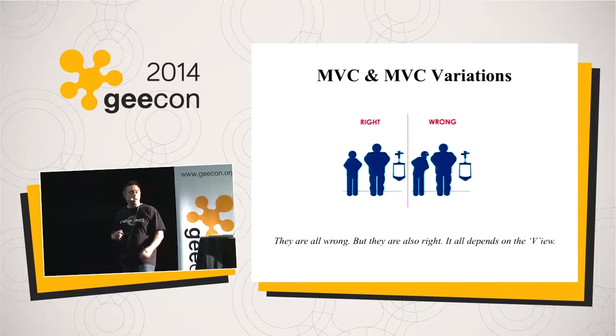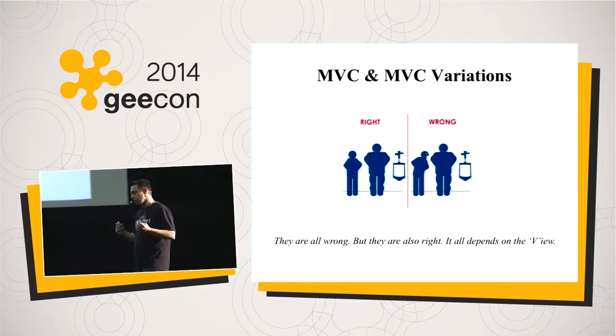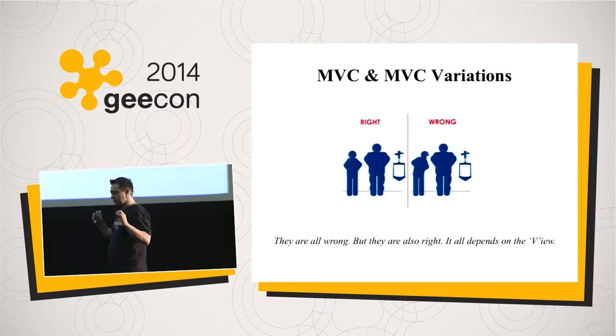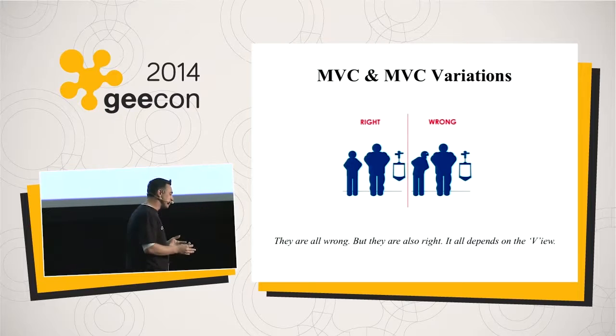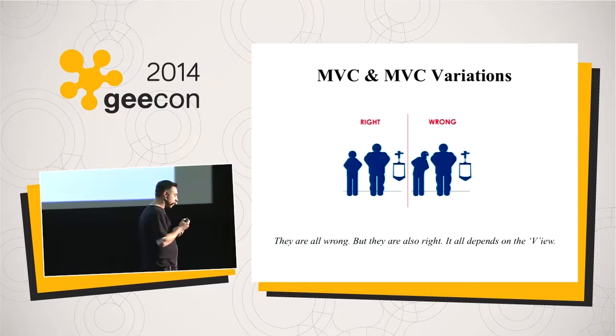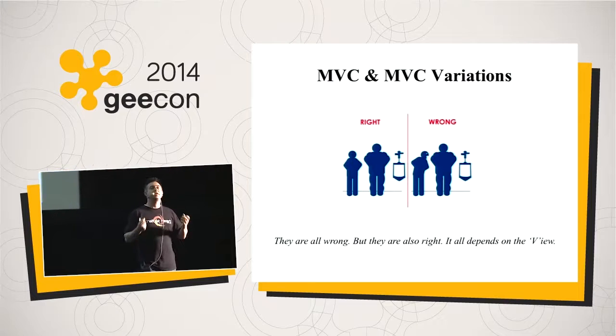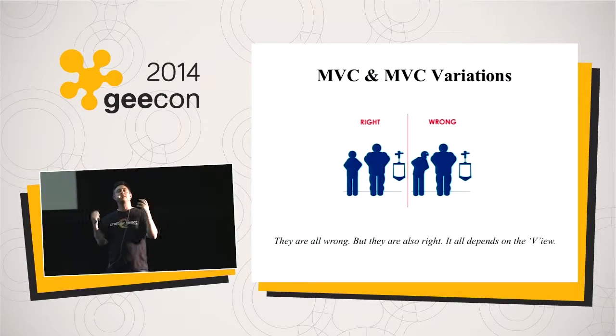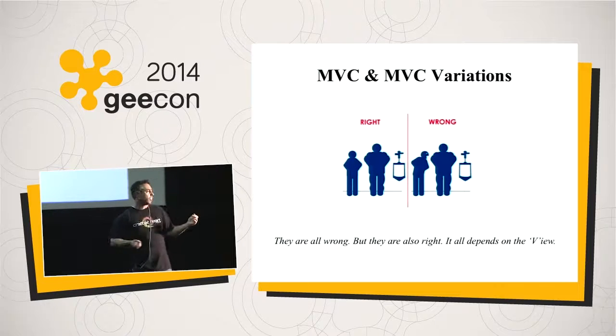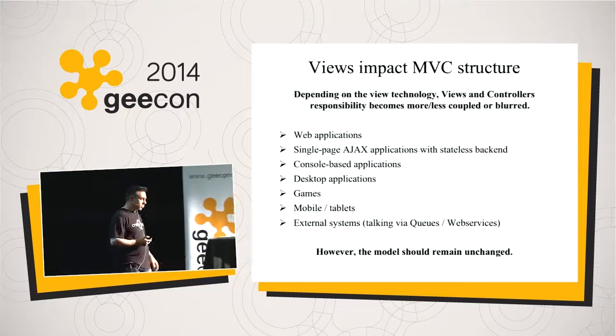So the problem that I see is that all these MVC frameworks and variants, they are right, but they are all wrong at the same time, because what dictates which variant of the MVC framework you're going to use is the view. Which type of view do you have? And I'll give you some examples.